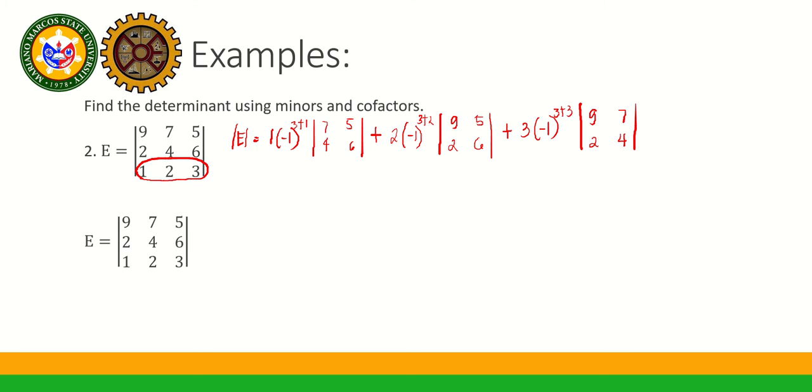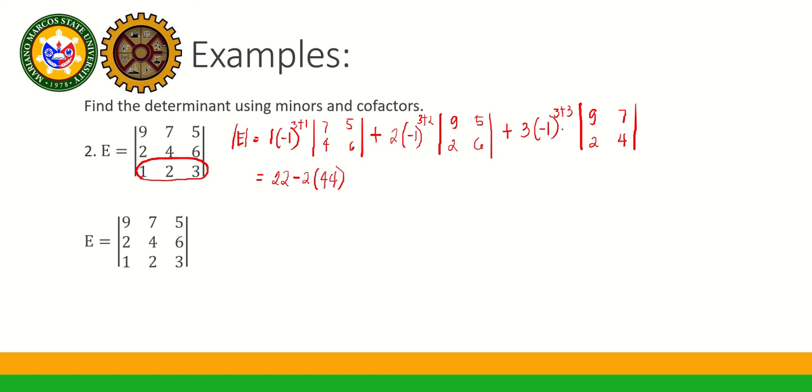So, solving for this one, okay, so this will be equal to, negative 1 raised to 4 is positive 1. So, 1 times 1 is 1. And the determinant of 7, 5, 4, 6 is equal to 22. Okay. And for this one, negative 1 raised to 5, that is negative 1. So, magiging negative 2 multiplied by the determinant of the matrix 9, 5, 2, 6, that is 44.